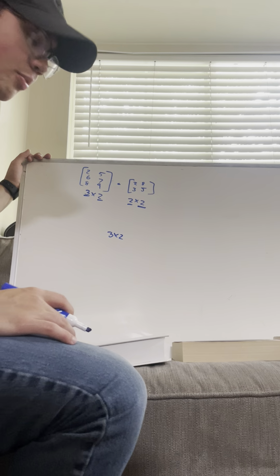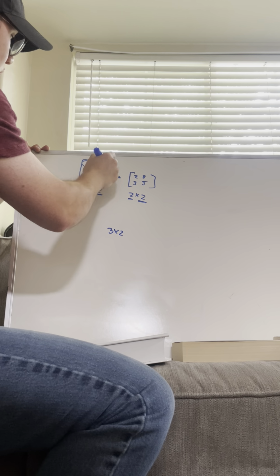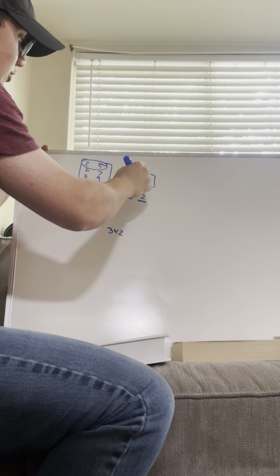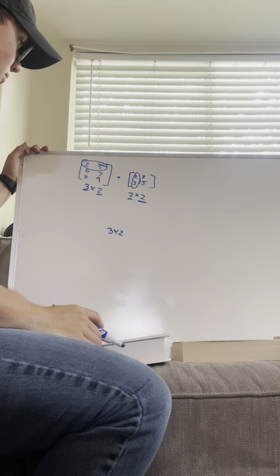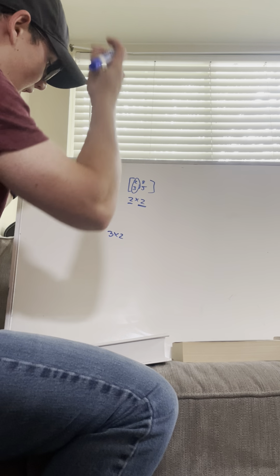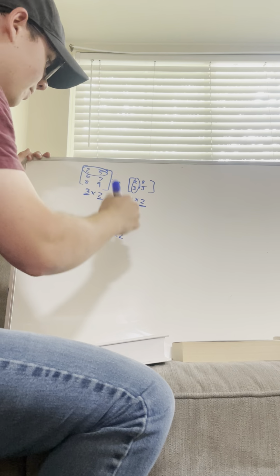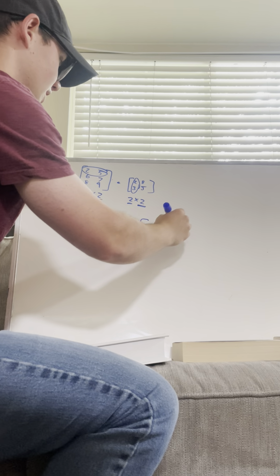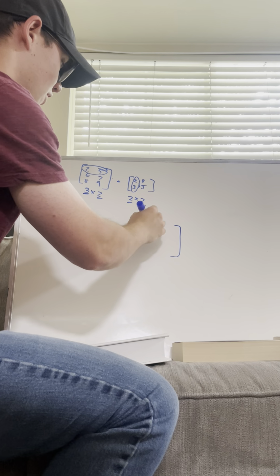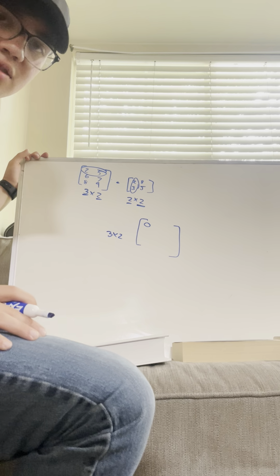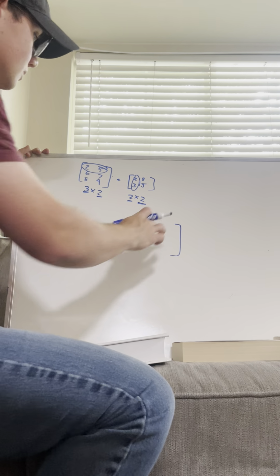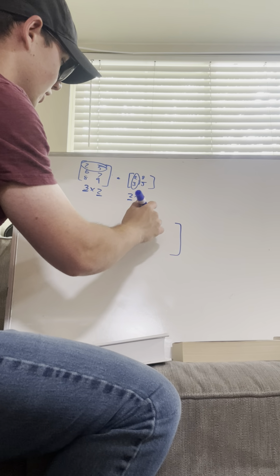And then the way you multiply is you do the first row, everything in the first row times everything in the first column. And that first row, first column is going to give you the first value in the matrix. This first corner.